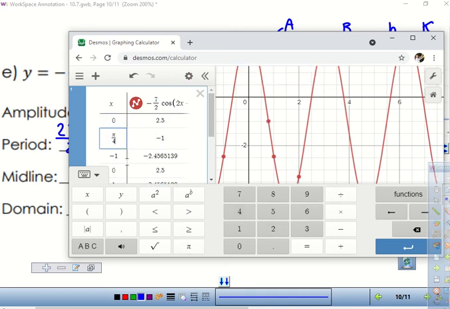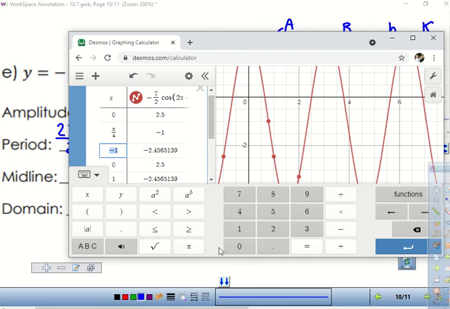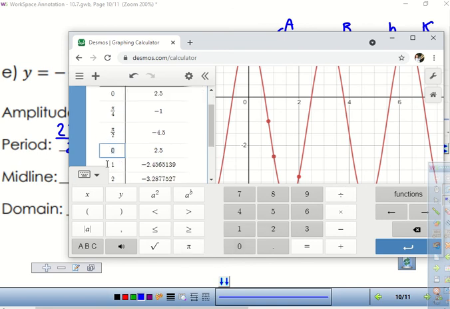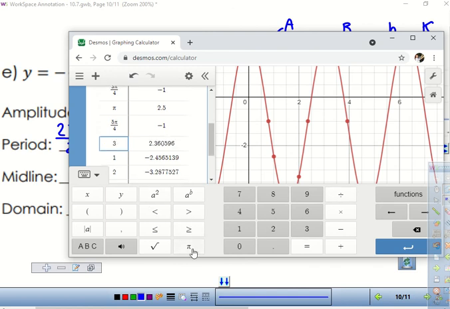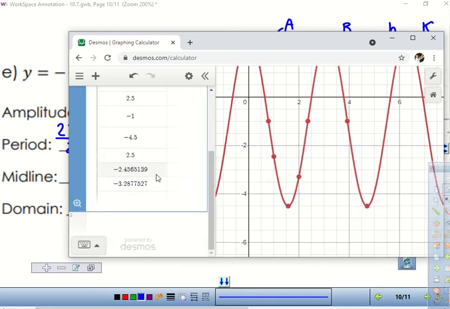So pi over 4, pi over 2, 3 pi over 4, pi, and then it would be 5 pi over 2, 3 pi over 2, and 2 pi. So I'm just typing those in.